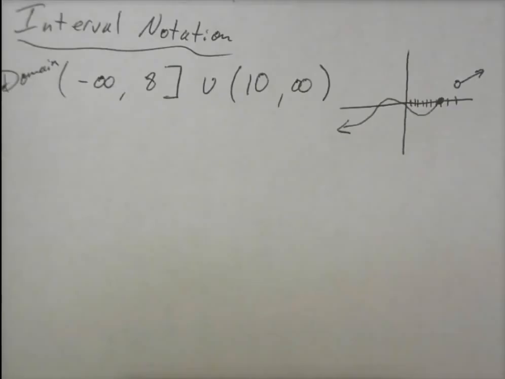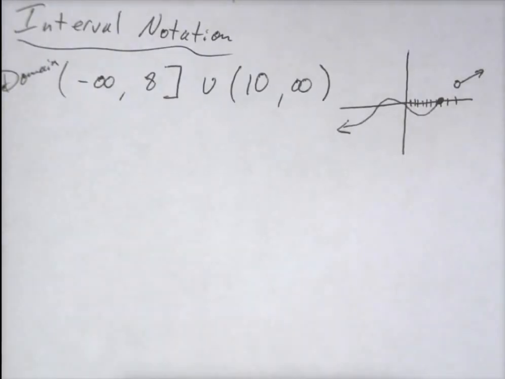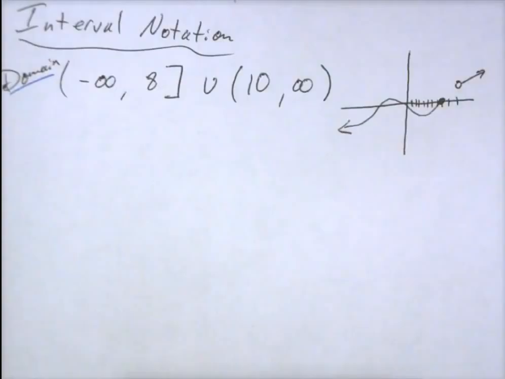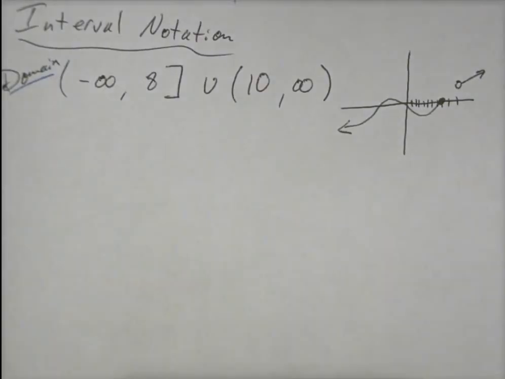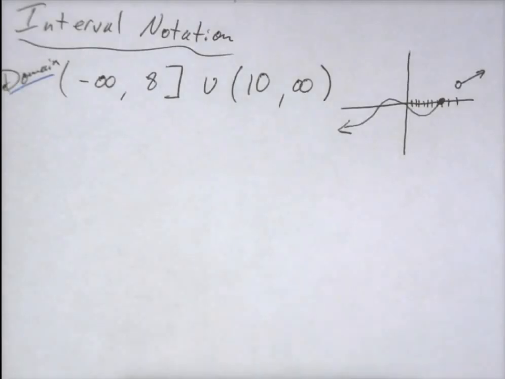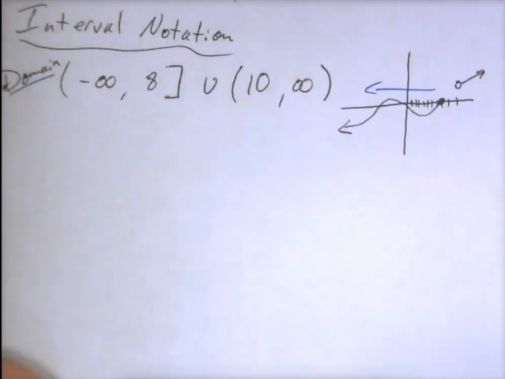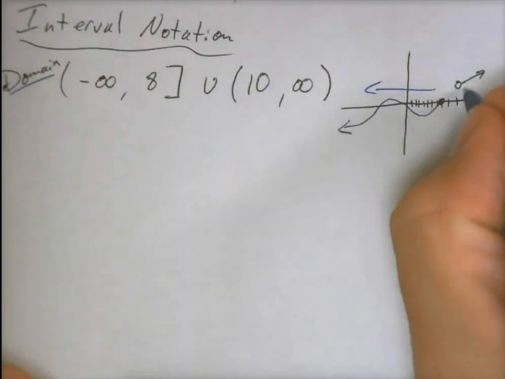Okay, so with this, interval notation, all this means is, say we're talking about our domain. You can use it for different things. It depends on what the question is asking you about. Don't forget the domain is all the x values included in your function. So like here, I can see that it goes from 8 to negative infinity in that direction, and then it goes from 10 to infinity.